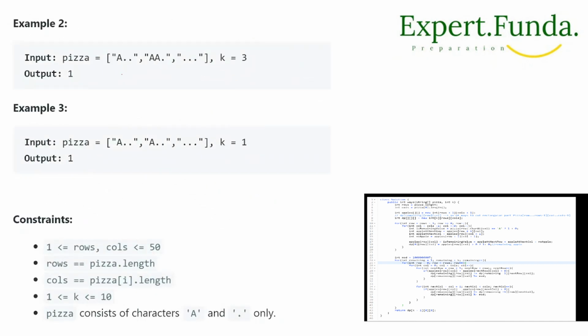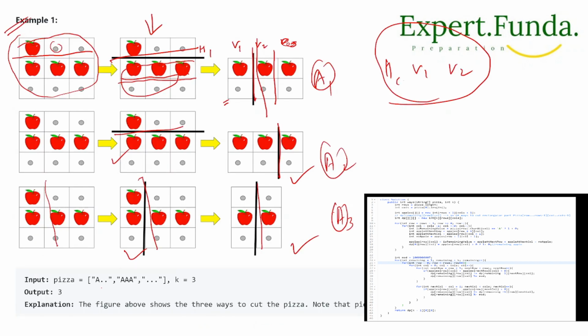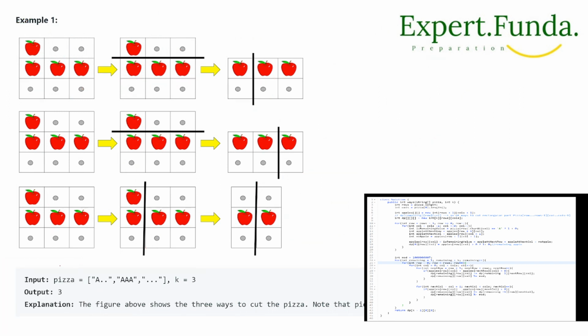In the another example, we have given some input like this. Let me delete this one. Also see the input. So in the input we have given pizza. First we have given a and then 2 dots, means first we have apple and then 2 dots, right?